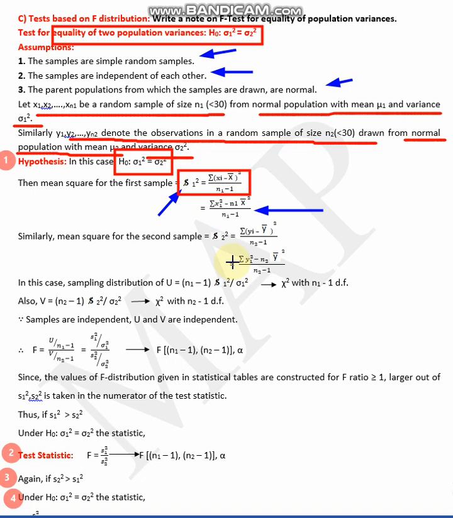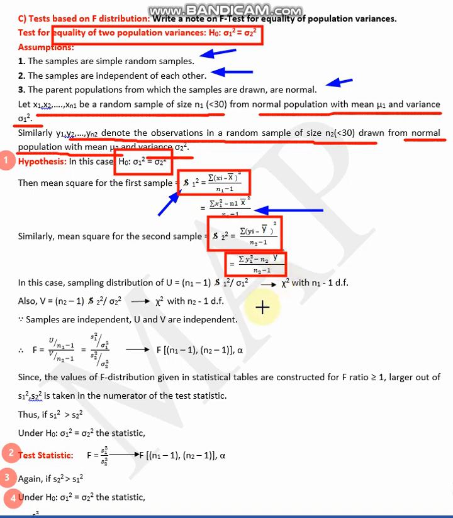Likewise, there is one more sample, and the sample mean square for this sample is S2 square. S2 square is the sample mean square of the second sample, and that is summation yi minus y bar square divided by n2 minus 1. If you simplify this, we get summation yi square minus n2 y bar square divided by n2 minus 1.